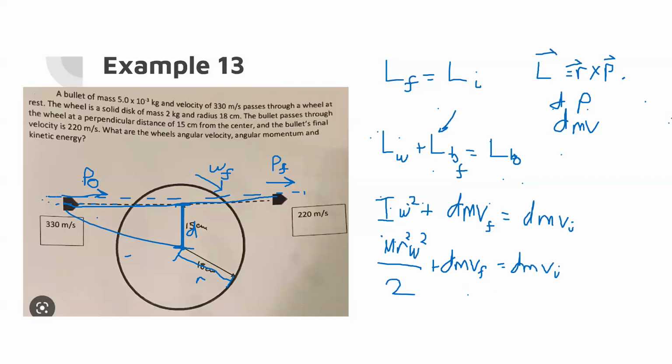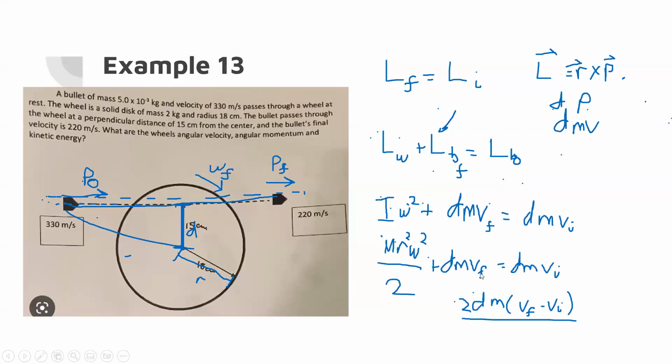And then solving for omega is going to give me times m times b final minus b initial. Oh, there's the 2 right here. My masses actually all cancel out, so I can erase. Oh no, they don't, because this is a different mass. That's my bad.